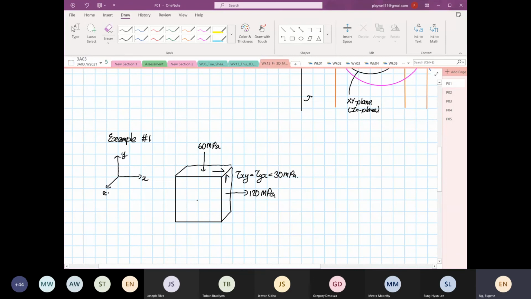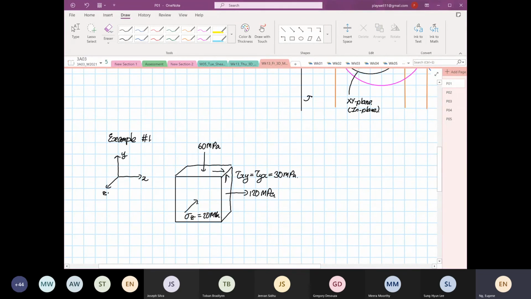And then we have a normal stress, stress Z, and stress Z is equal to minus 20 megapascal. I'll put that it is going into compression.